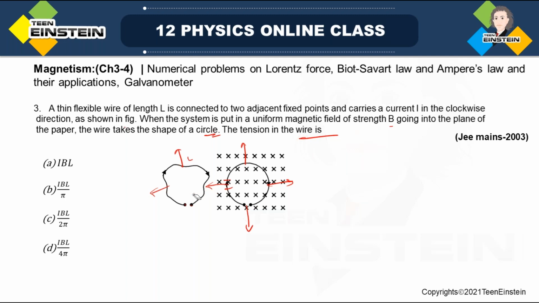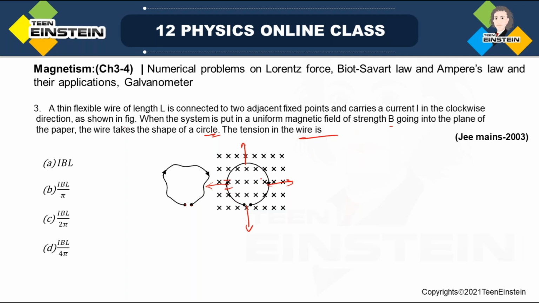But one thing more you need to remember. If the wire is pulled by such forces continuously, it will be deformed, or there is a limit to this wire itself. So there must be some forces. There will be tension in the wire.